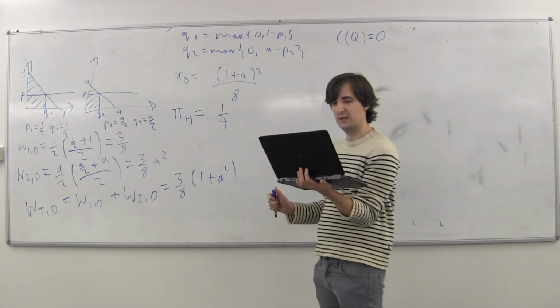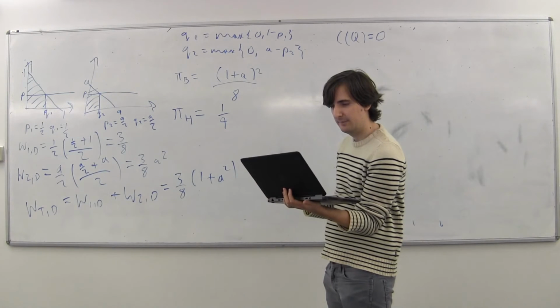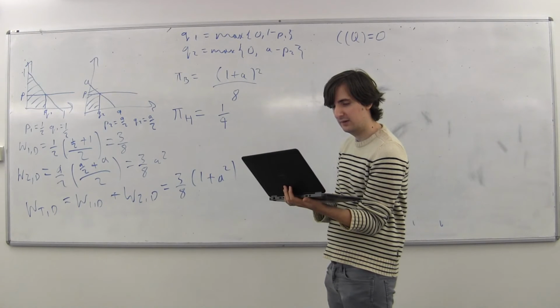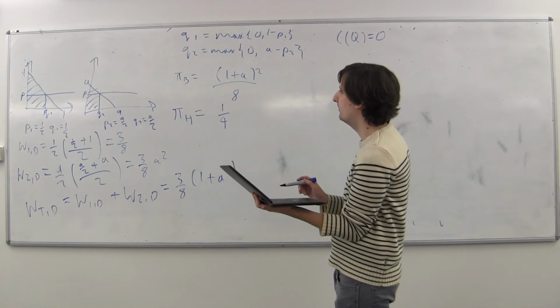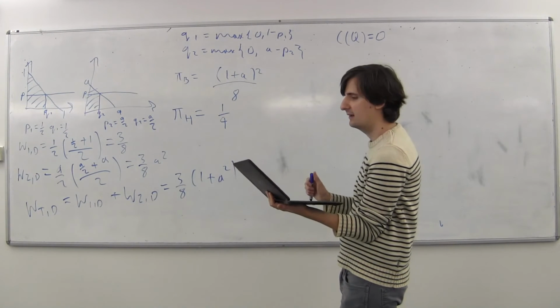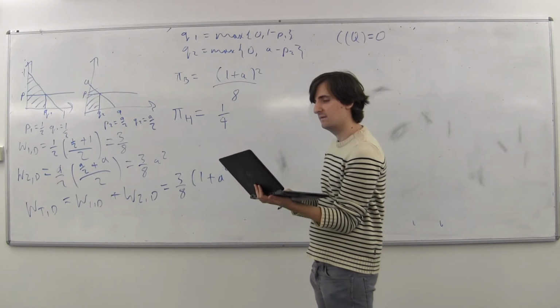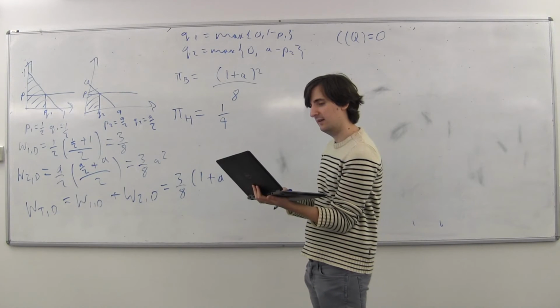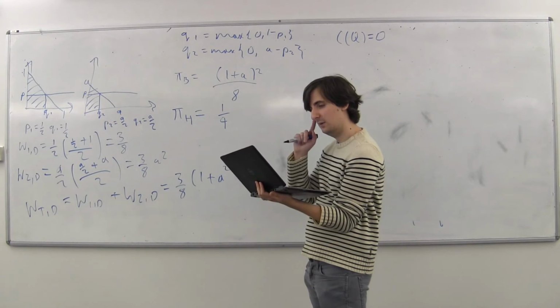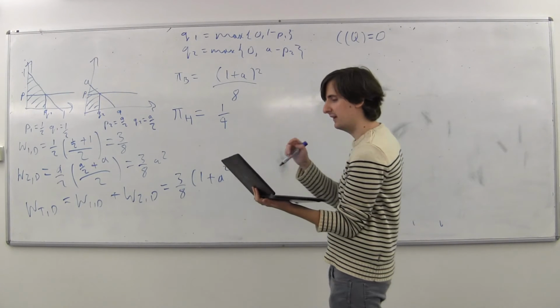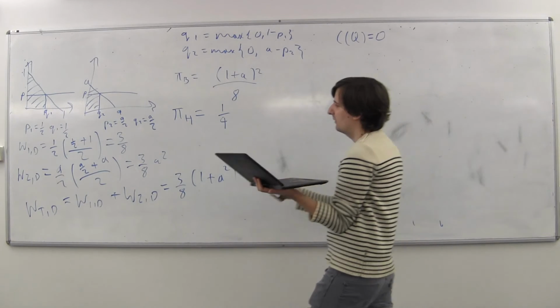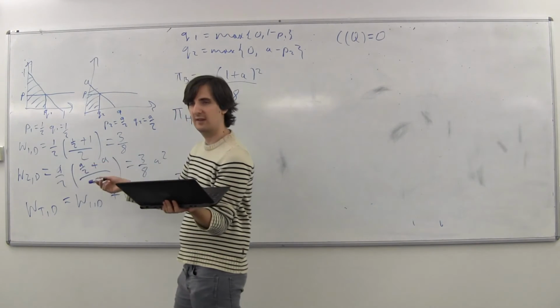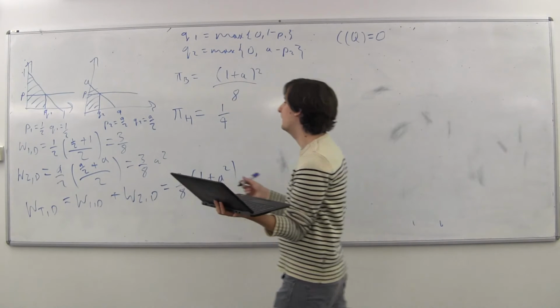Welfare without discrimination: if a firm sells in both markets, then they set a price equal to, what was it, (1 plus a) over 4. We're going to use the same formulas again, but now the prices are the same in both markets.